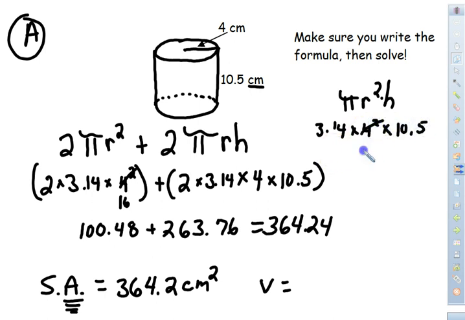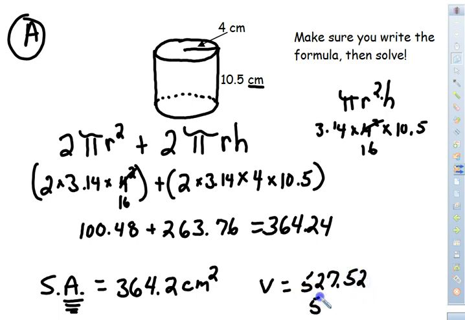So this again equals 16. So literally plug that into your calculator. 3.14 times 16 times 10.5. And we get the volume being 527 and 52 hundredths.